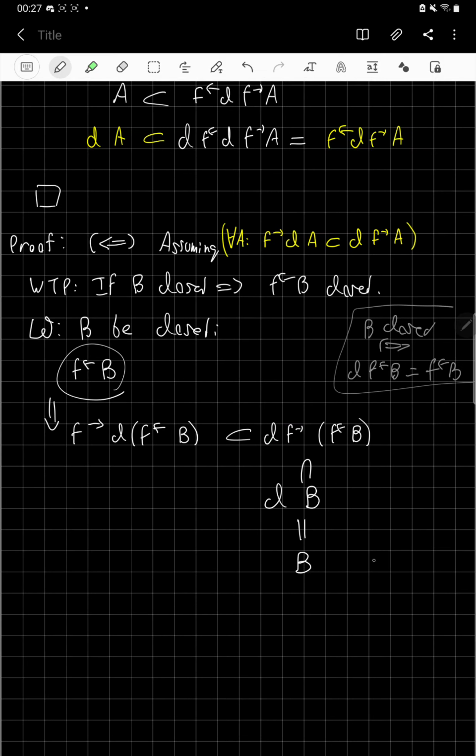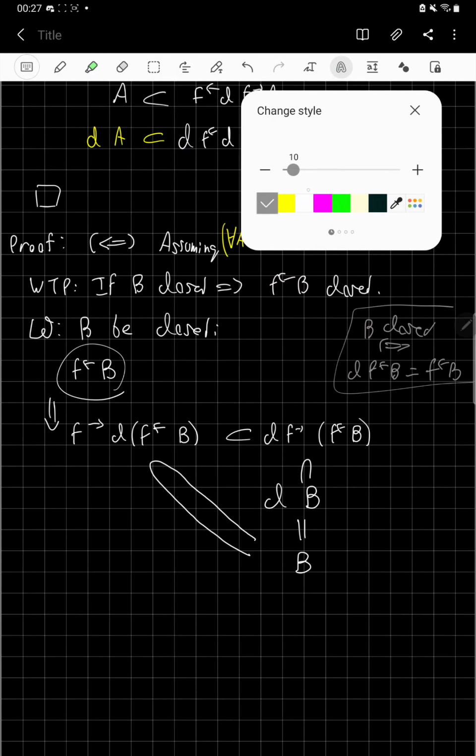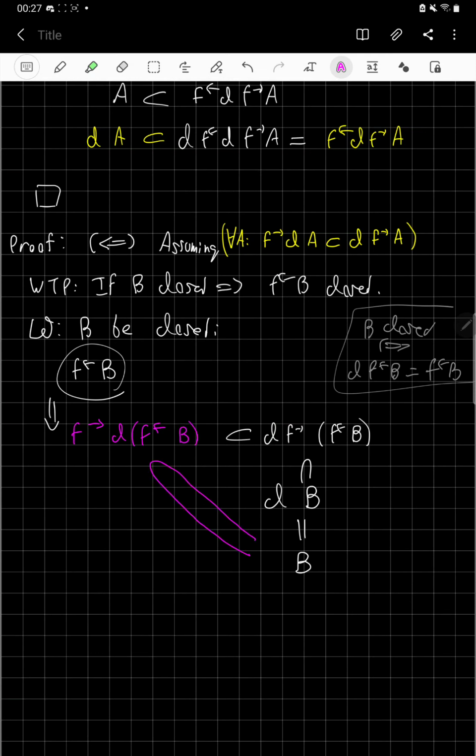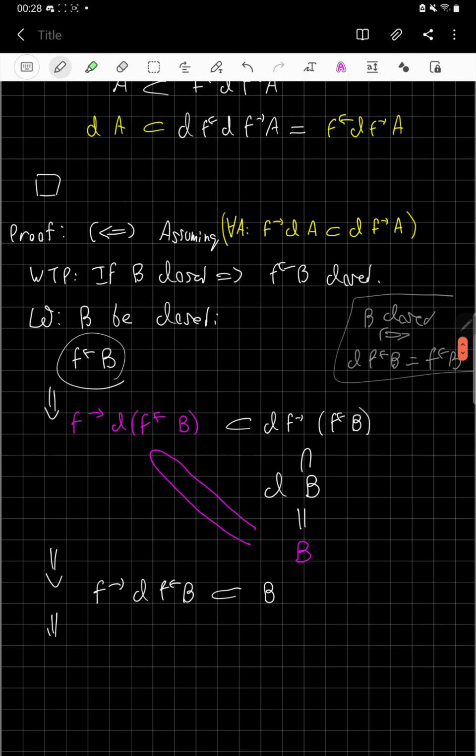So we get our diagonal here that I'll just stress. Which implies, so I'll rewrite it. The closure of the inverse image of B is included in B, and we can do the pass to the other side trick.